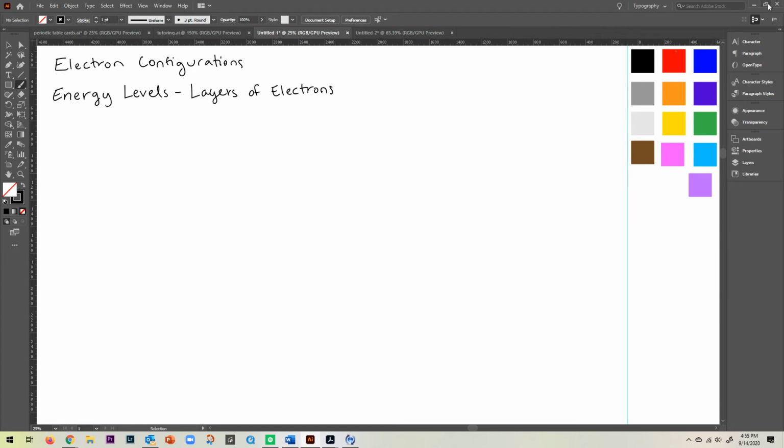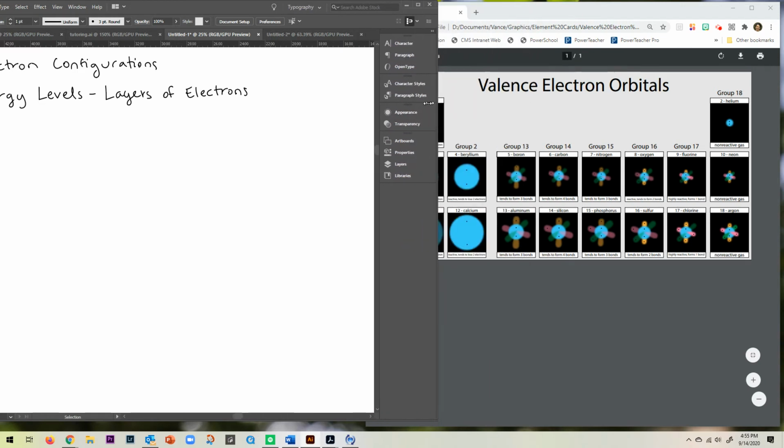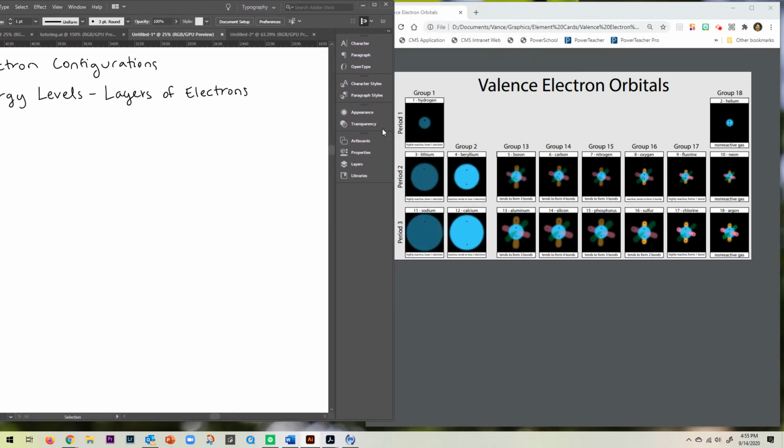Bear with me for a moment. Okay. Here are our electron orbitals. So let's say I wanted to write the electron configuration. Actually, I'm going to delete this too. We don't need this anymore.